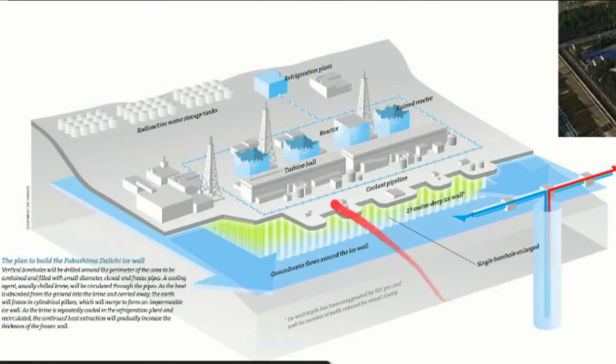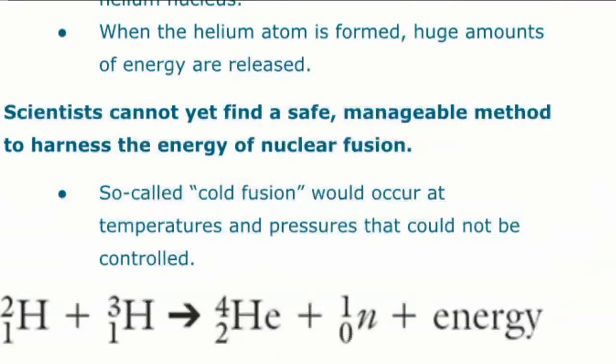So what they've decided to do is, they have a refrigerator plant, and they've drilled holes down into the ground all the way around the Fukushima reactor, or reactors, and they're going to freeze the ground and create an ice wall underground so that groundwater can't enter and then exit here. That's kind of how they plan on containing the radioactive materials there from going right into the ocean. So kind of crazy, but that's how they're doing it.